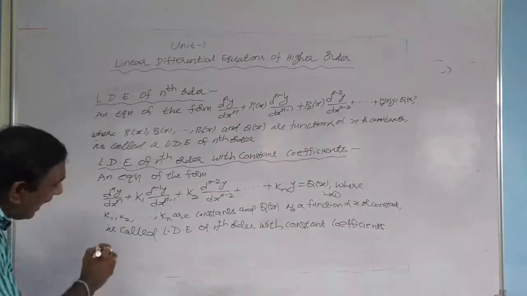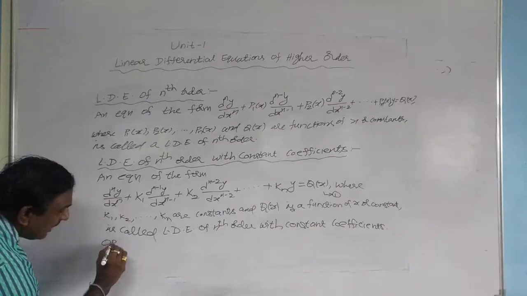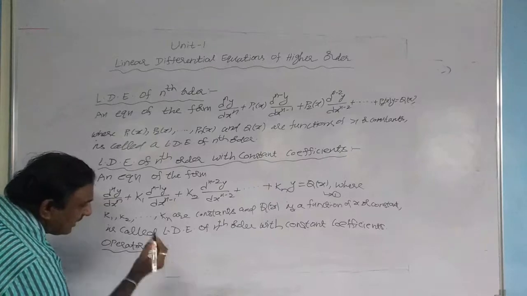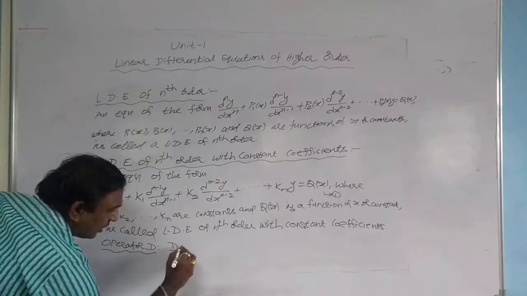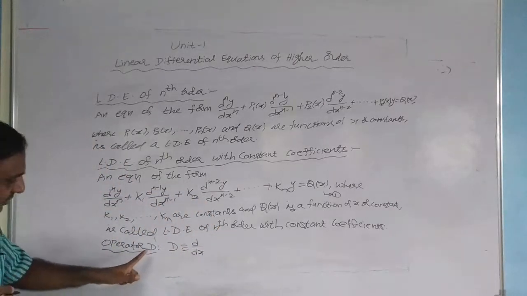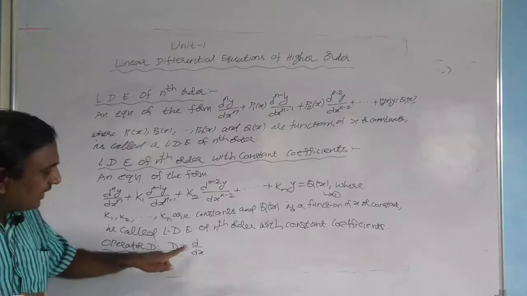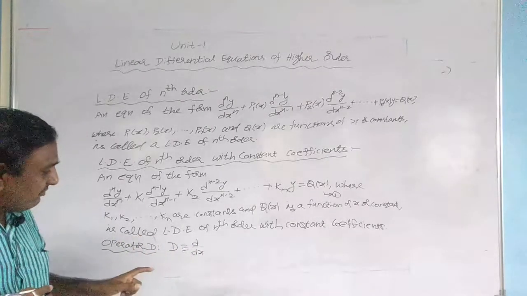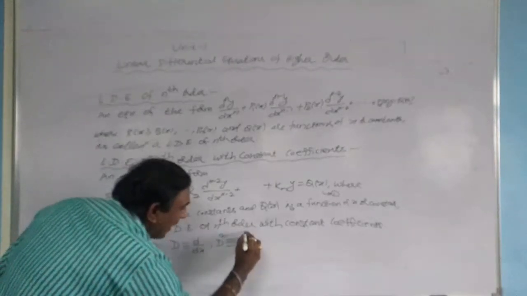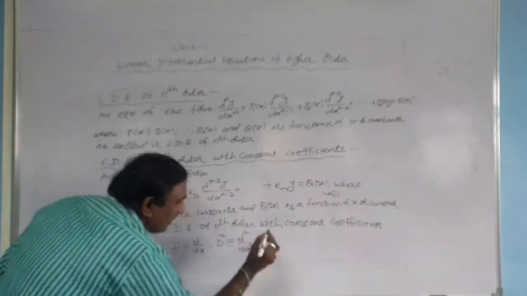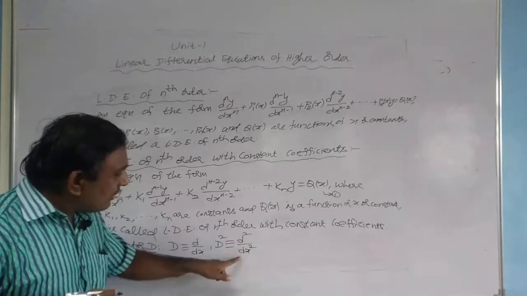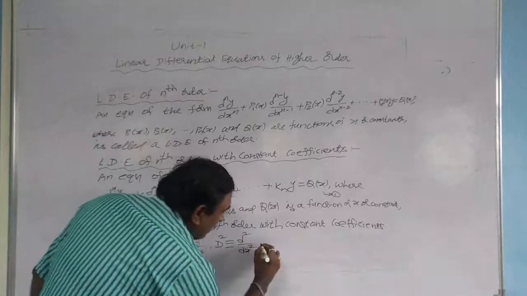Now let us see the operator D. The operator D denotes the derivative with respect to the independent variable, right? So D square denotes d square by dx square. D square by dx square means the derivative two times with respect to the independent variable x, and so on.